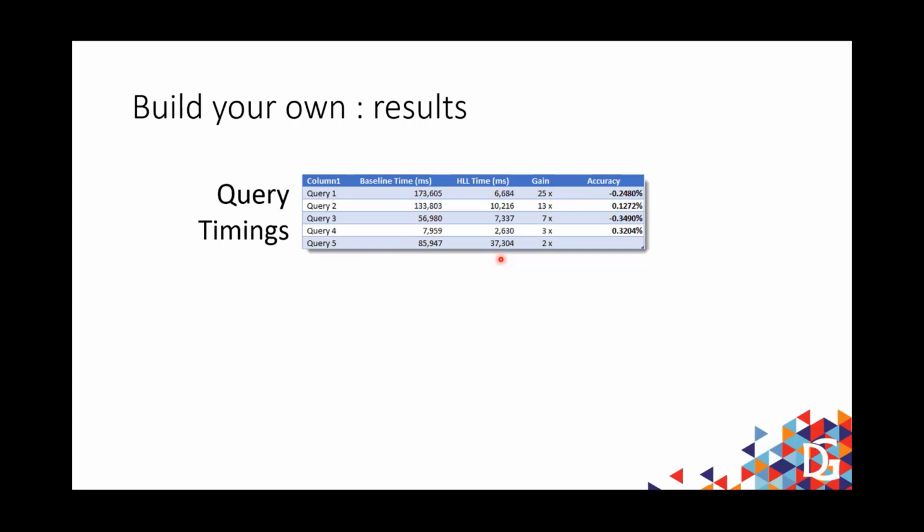And not only was the speed impressive, the 25x gain, 173 seconds down to 6, if I was to show you the exact same memory profile that we used when I was doing the demos in DAX Studio earlier, the precise distinct count would just ramp straight up and chew up all the memory on the box.